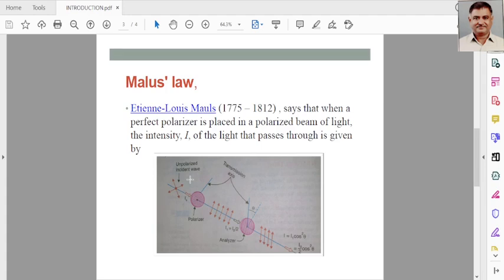He says that when a perfect polarizer is placed in a polarized beam of light, see, this is nothing but a polarizer.